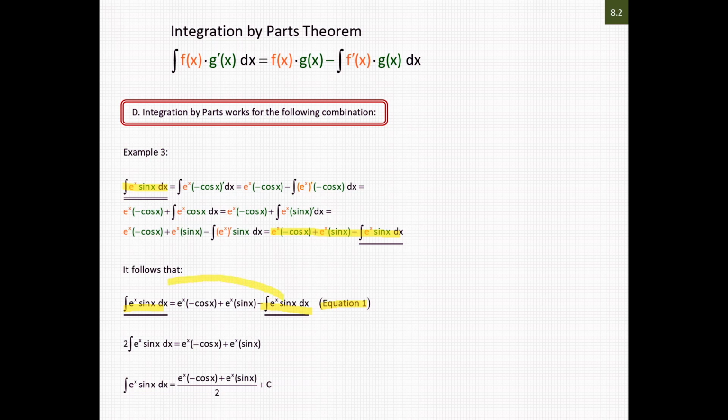So we have to move this one to the other side of the equation, and then put them together as like terms. Finally, divide by 2 on both sides of the equation to find that the indefinite integral of e to the x times sine of x equals 1/2 of e to the x times minus cosine x plus 1/2 of e to the x times sine of x.